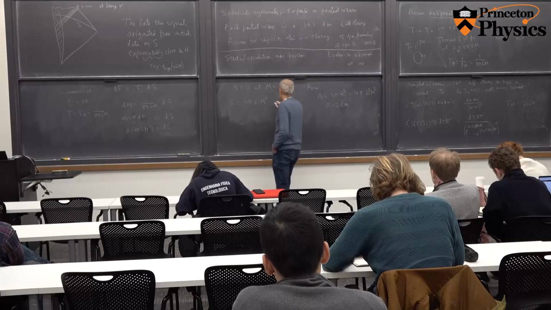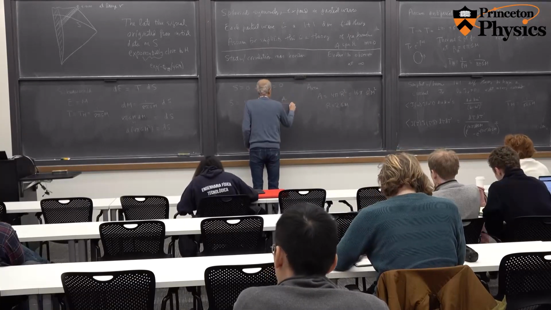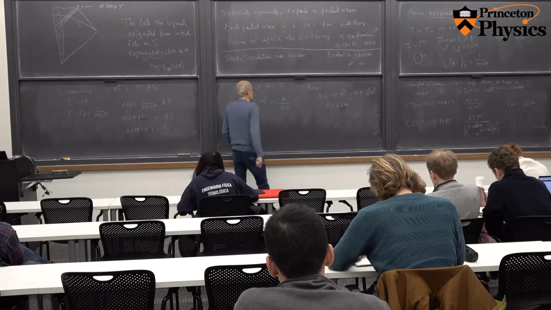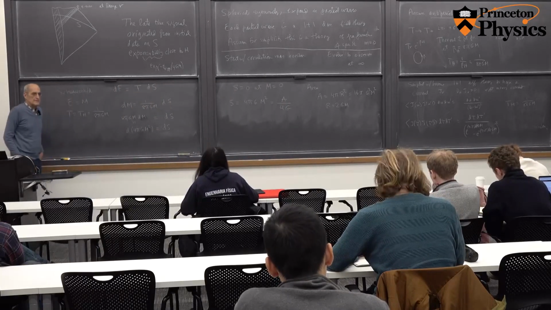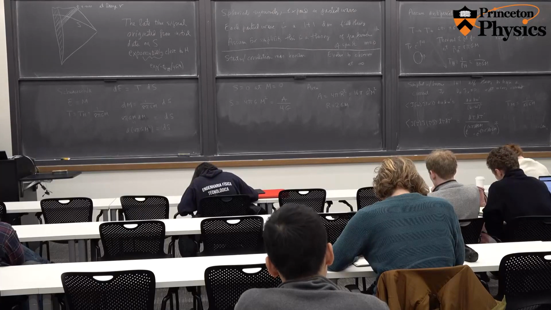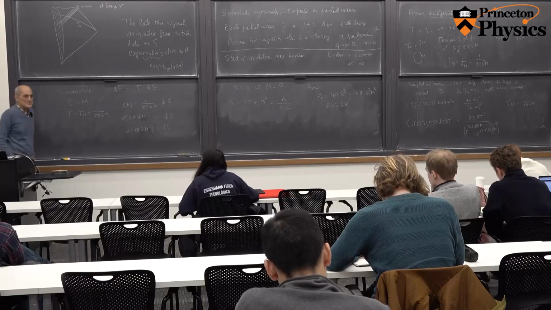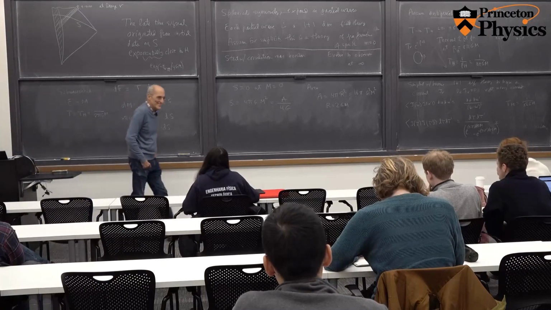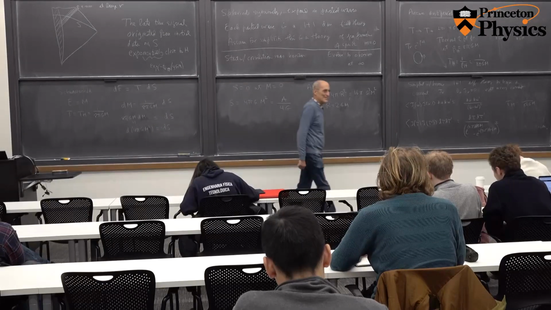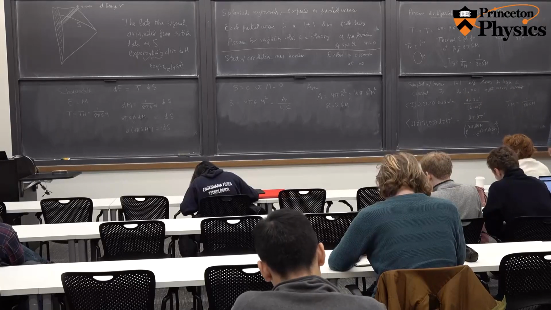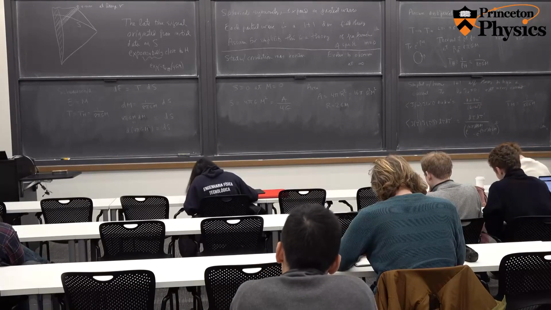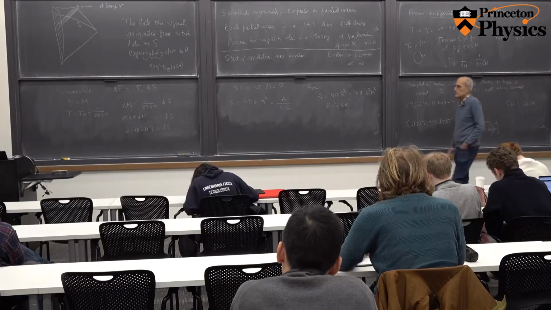And so the entropy comes out to be A over 4G, as I've told you a few times. It would have been unfortunate if that had come off by a factor of 2. But luckily, that was not the case. So any questions there?